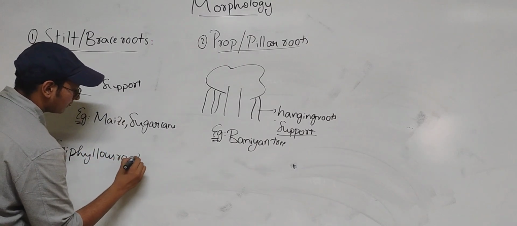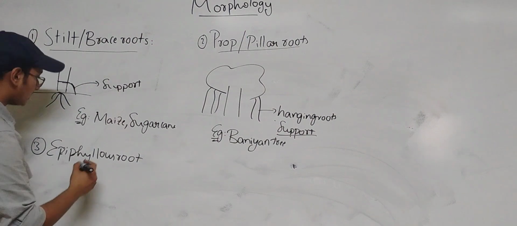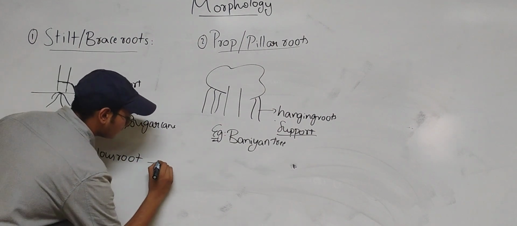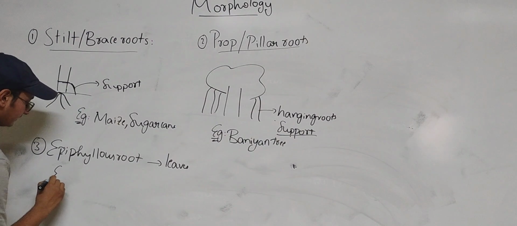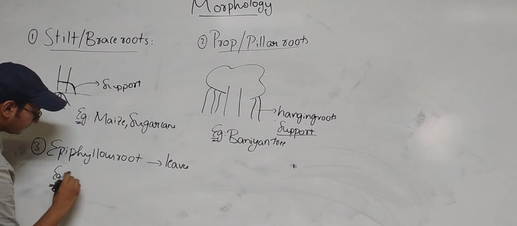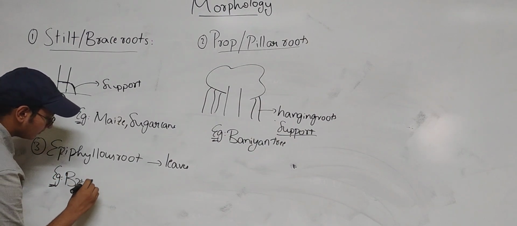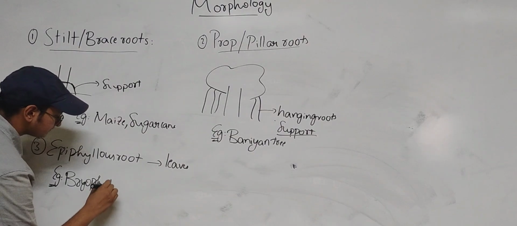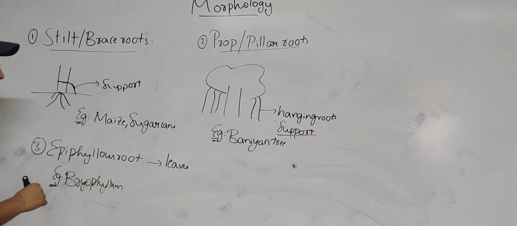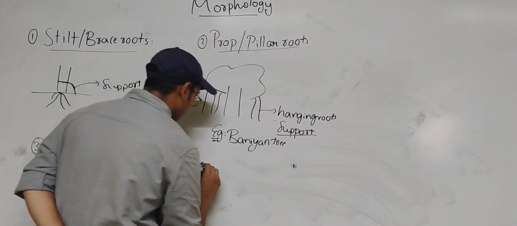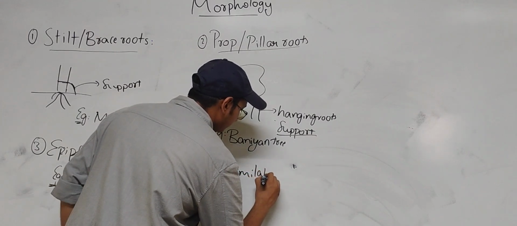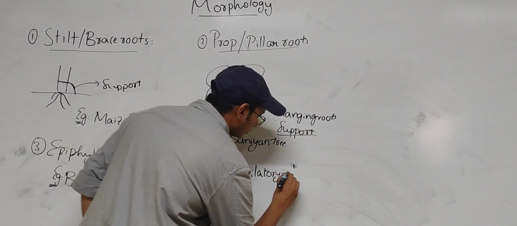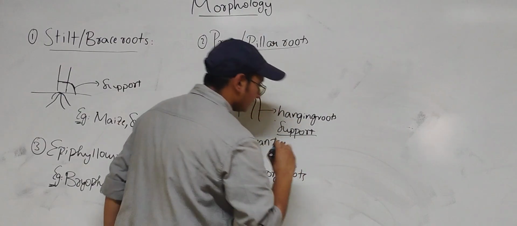Next, foliar roots. Here the adventitious roots are formed from leaves. You can see it in Bryophyllum. And assimilatory roots.